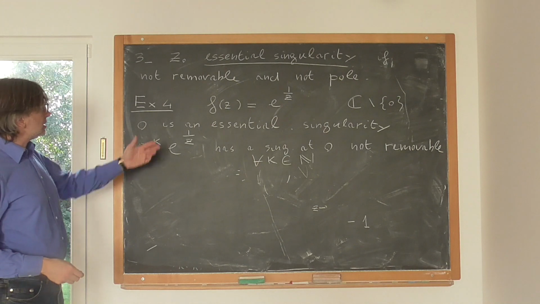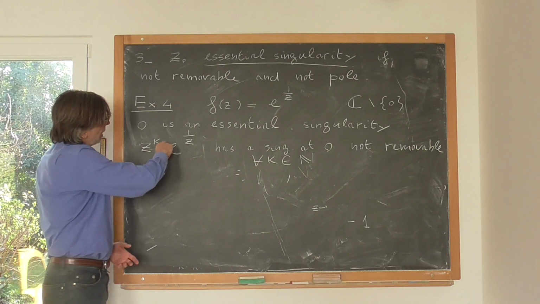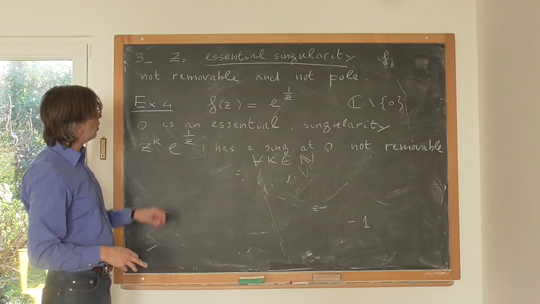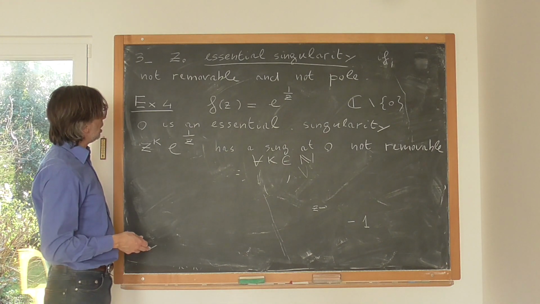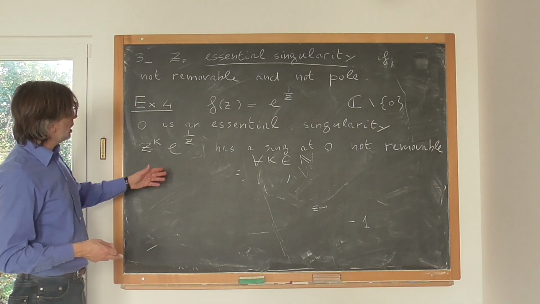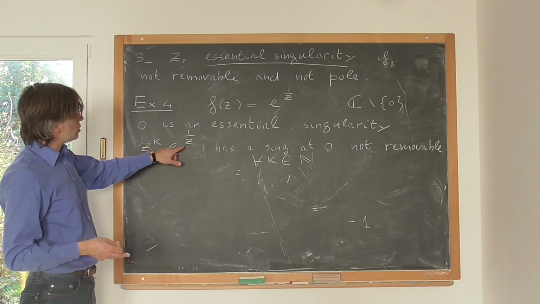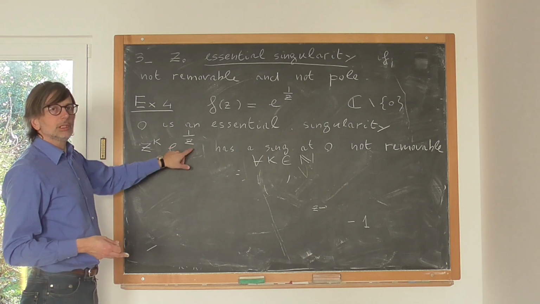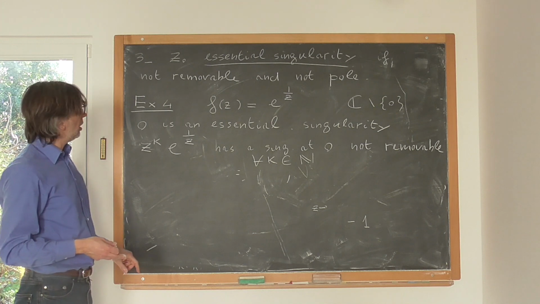How do we check this? The behavior of this function e to the power 1 over z for z going to 0 is rather complicated, but we can just restrict the attention to real and positive values of z.